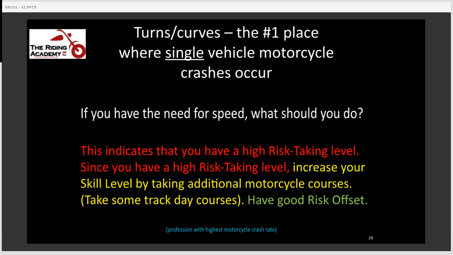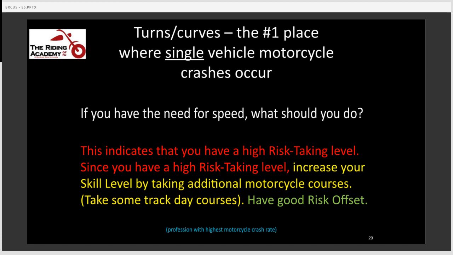And the military knows there's no way really to reduce that risk-taking level. Maybe when you get to your 70s, it might slow down a little bit. So what the military is doing is they're mandating good risk offset. They're mandating that you take the additional courses because they know it's kind of impossible to reduce your risk-taking level. So they're increasing your skill level by forcing you to take the additional courses.